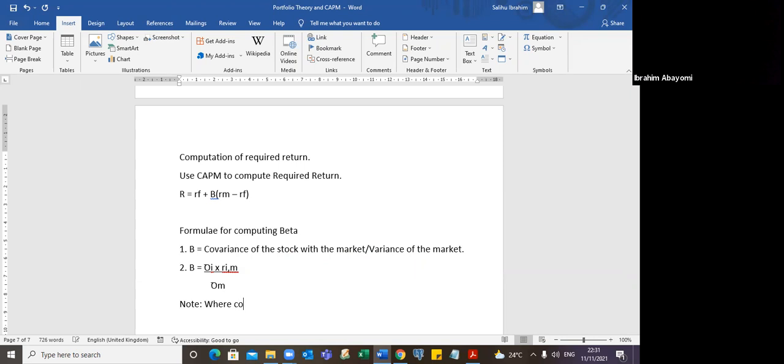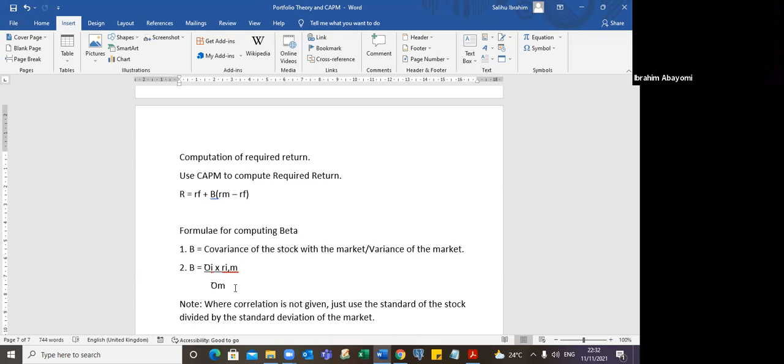Where correlation is not given, just use the standard deviation of the stock divided by the standard deviation of the market.